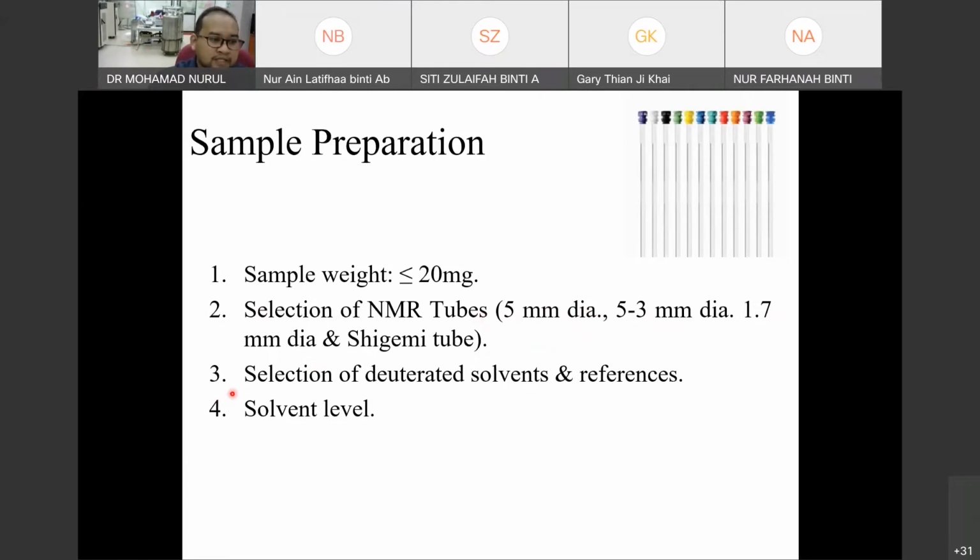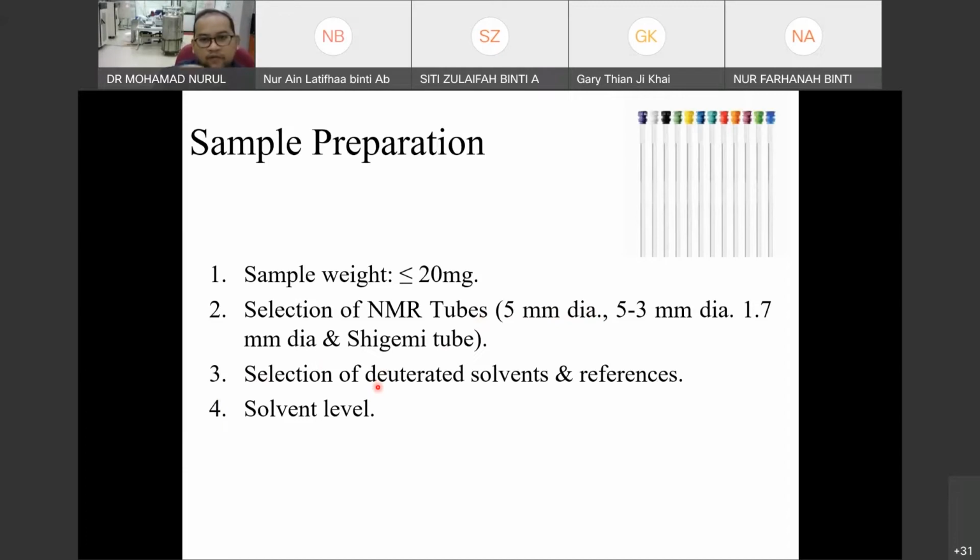The third one is the selection of deuterated solvents and reference. We have a lot of deuterated solvents, like in my hand now, we have acetone D6 here. So we have deuterium outside. Make sure you select the correct solvent.